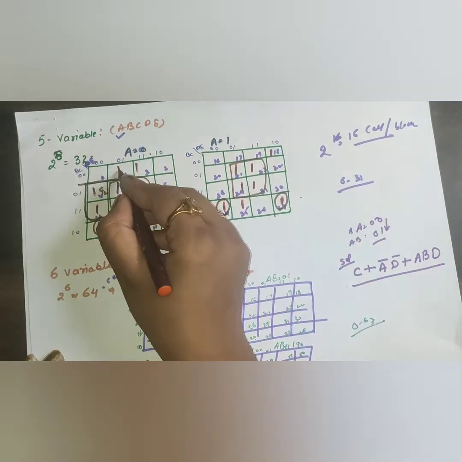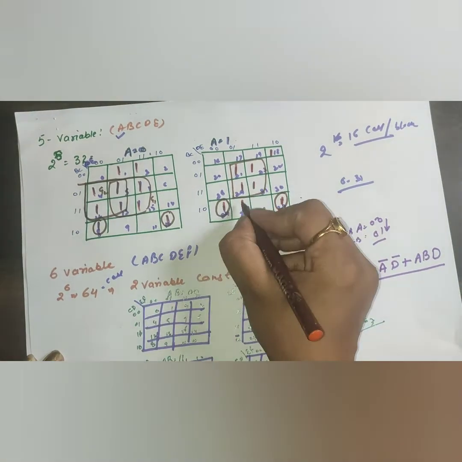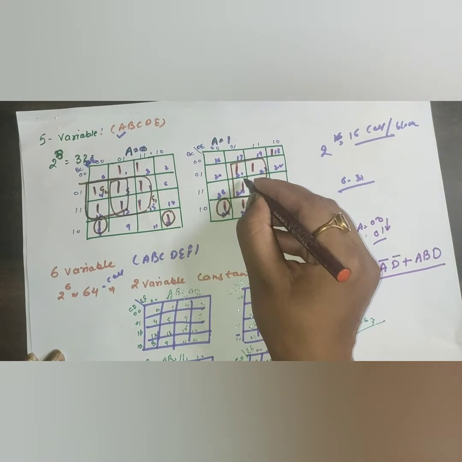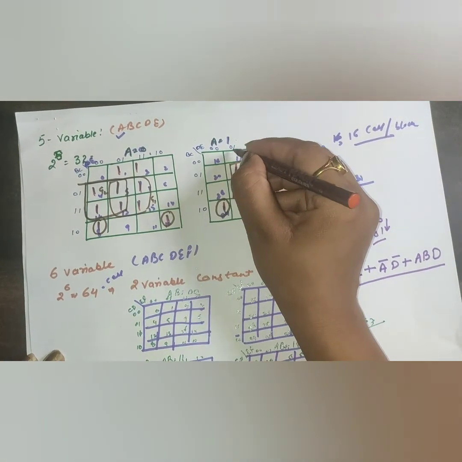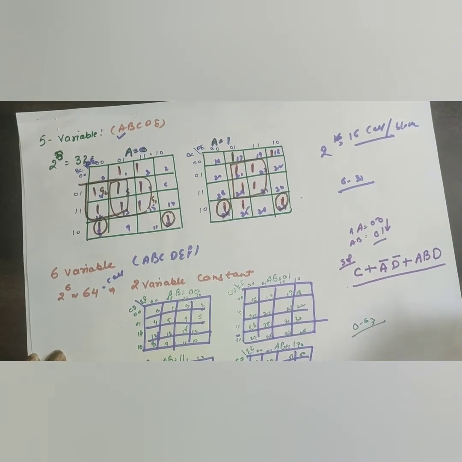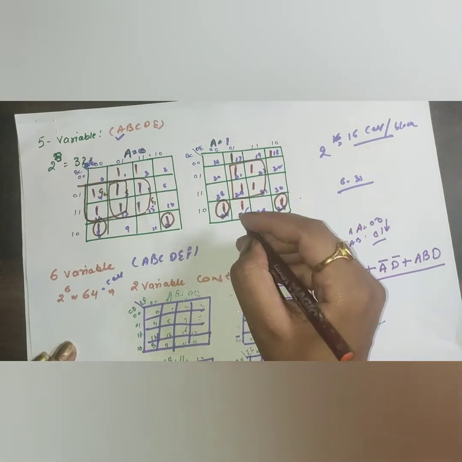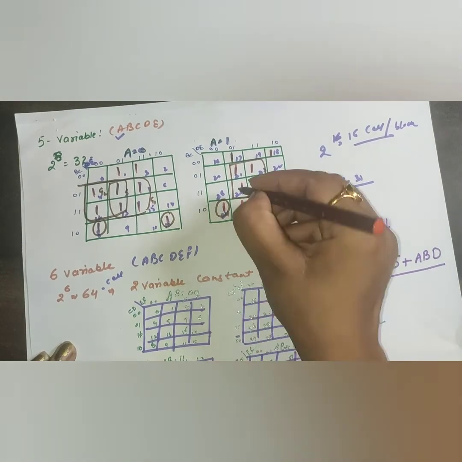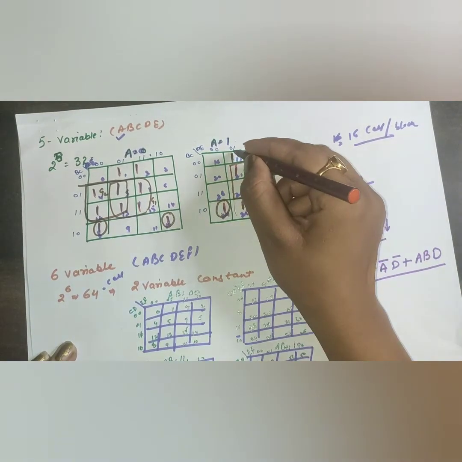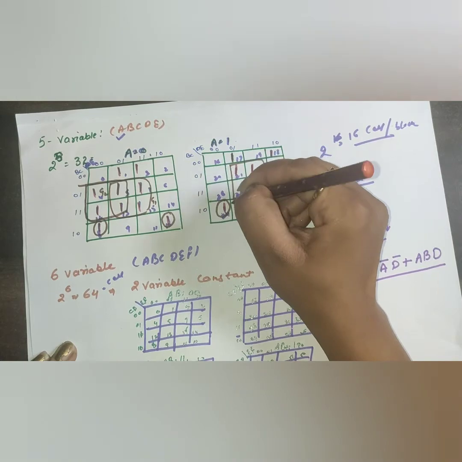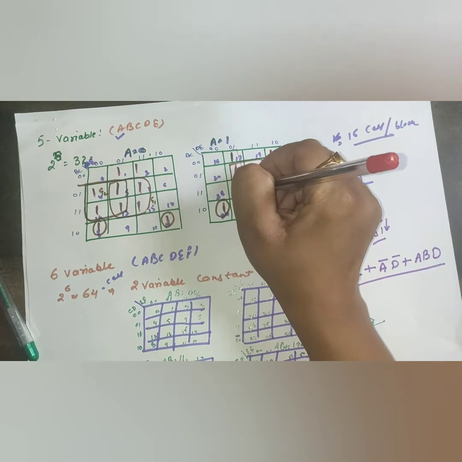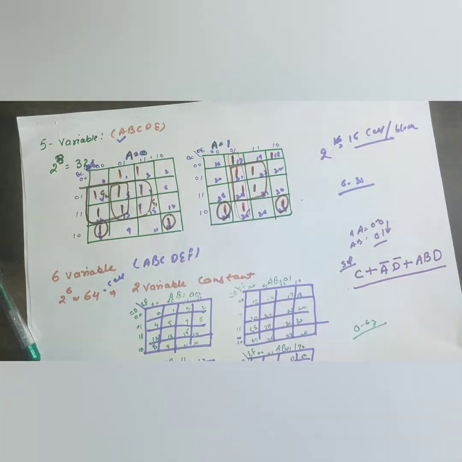Now these two ones will make a group like this and like this also. Let's suppose there is a 1 also. Now this one can make the group like this, and this can make the group like this also. So you will give the preference to this group. Why?